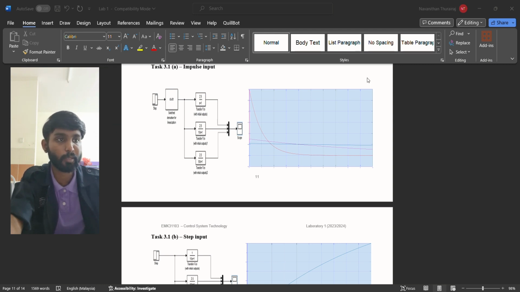Between that, we also need to include a derivative. Between that, this will be going for 0, and this will be 1.